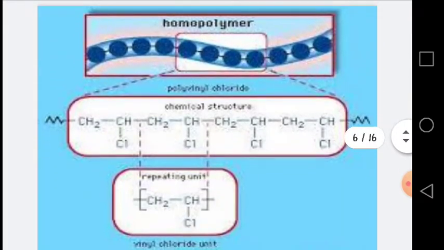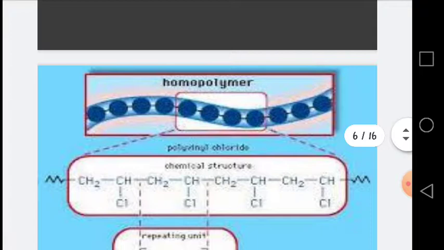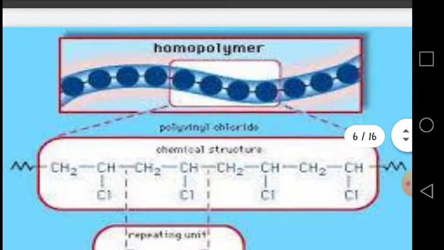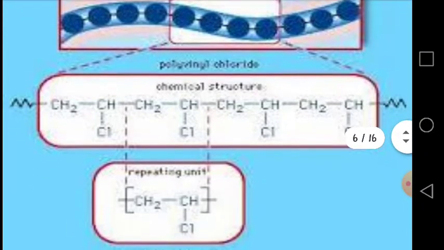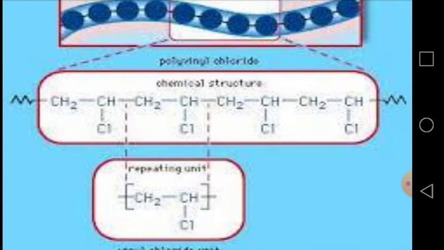This is the illustration for homopolymers. You can see from this illustration that the same types of beads are combined together and form a long chain of homopolymer. You can see all these monomers are of the same type. The example from your book is polyvinyl chloride.